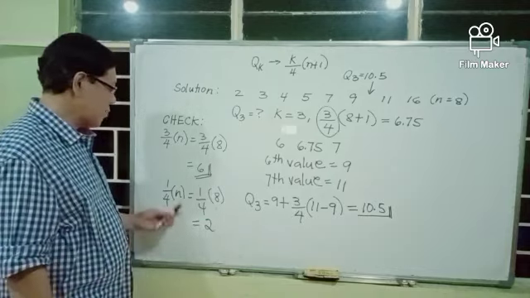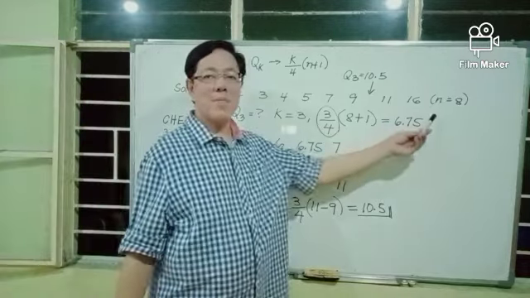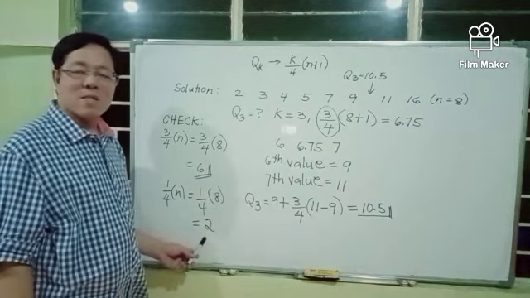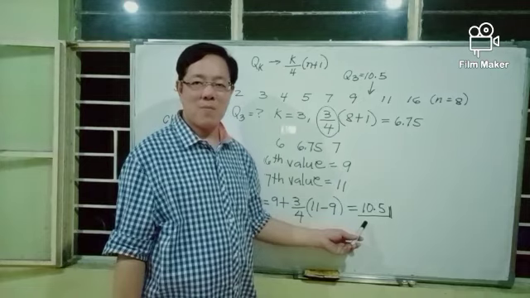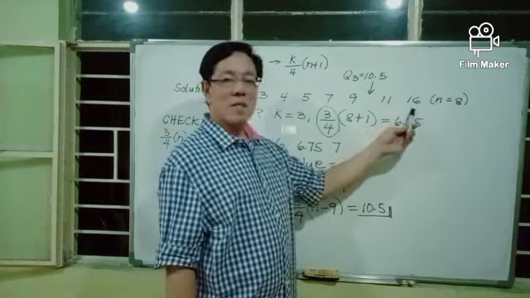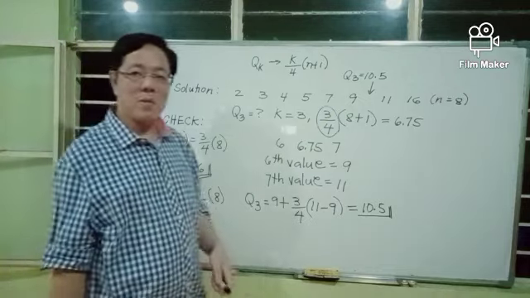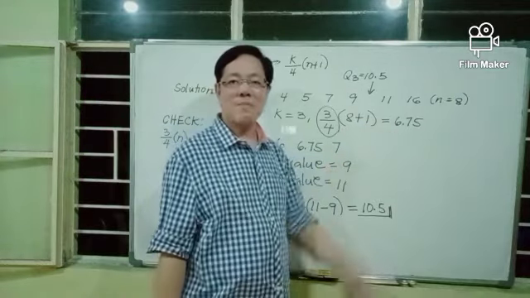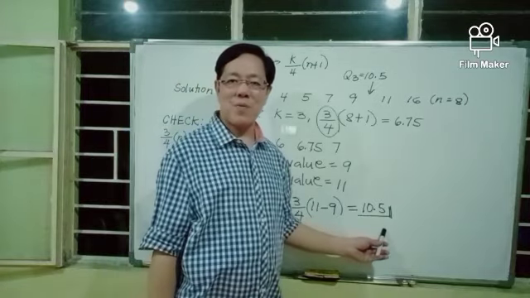And 1/4 of 8 is 2. 8 divided by 4 is 2. This means there are at most 2 values that are greater than 10.5. So let us check how many values are greater than 10.5. 11, 16, that's 2. And so this is satisfied. In our example, there are exactly 2 values that are greater than the third quartile of 10.5.